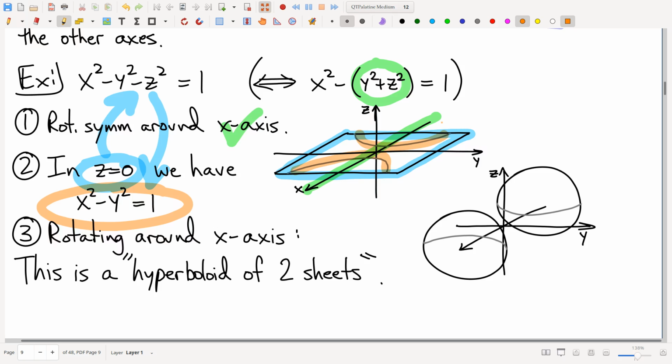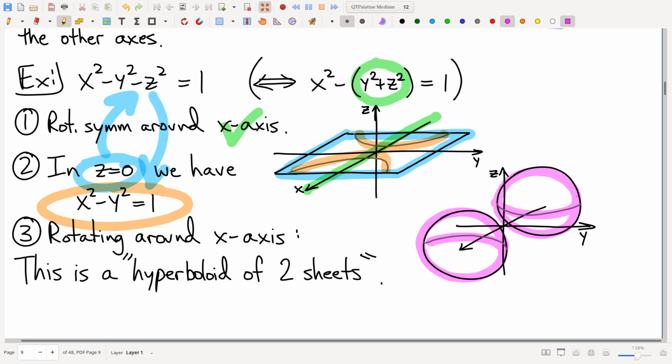And again, the big idea is that because it's rotationally symmetric around the x-axis, I can generate it by rotating around the x-axis. And again, geometric appeal, that curve rotates to make this very hard to draw, kind of weird.